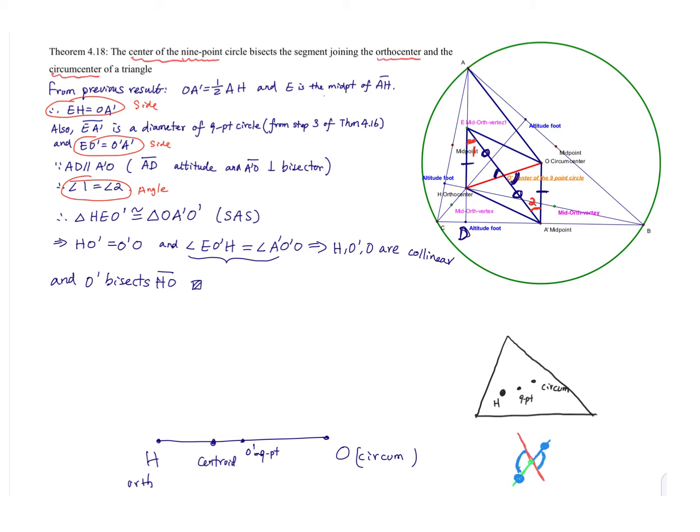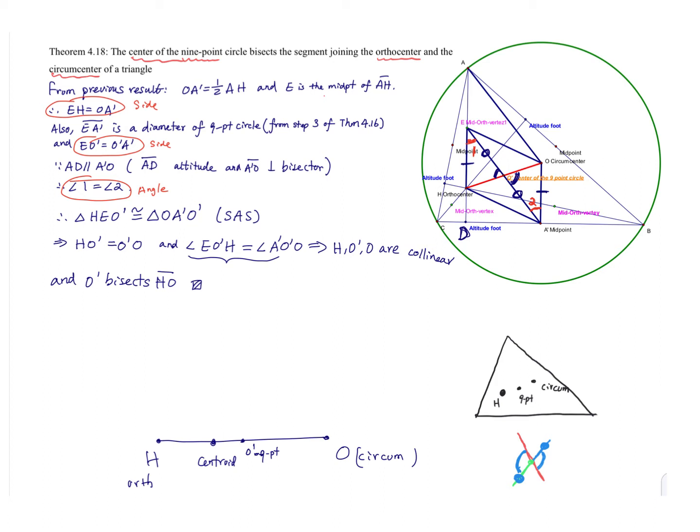The first result is that OA' is equal to half of AH. And because E is the midpoint of A and H, EH is also half of AH. Therefore these two are equal: OA' equals EH.